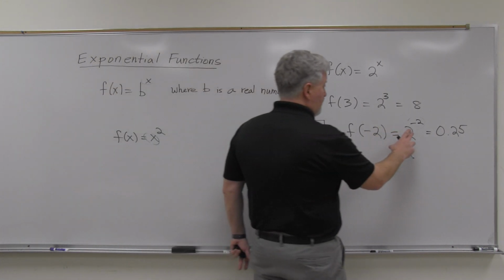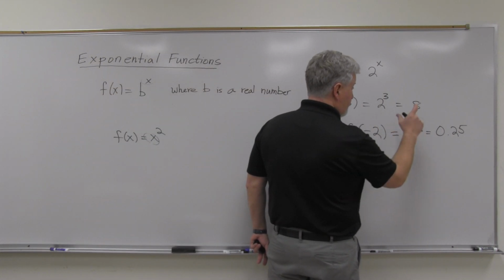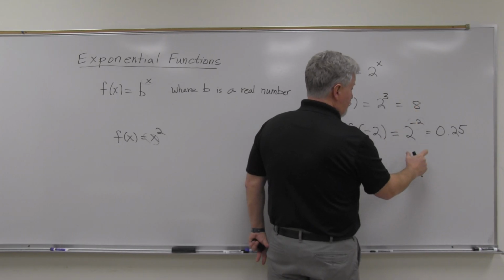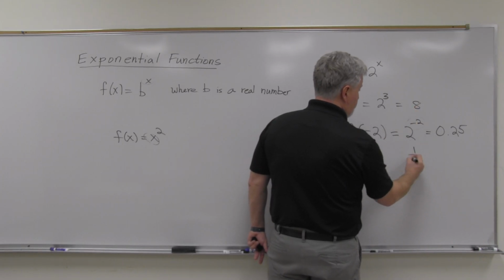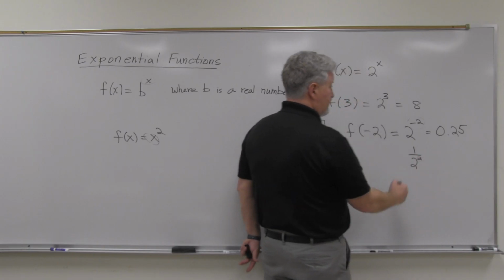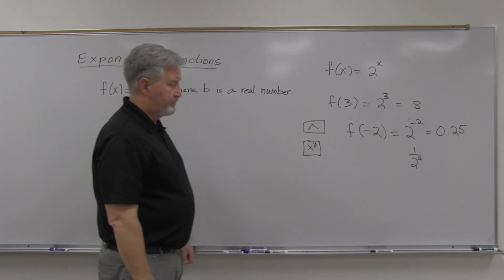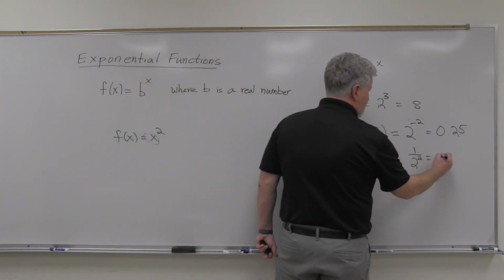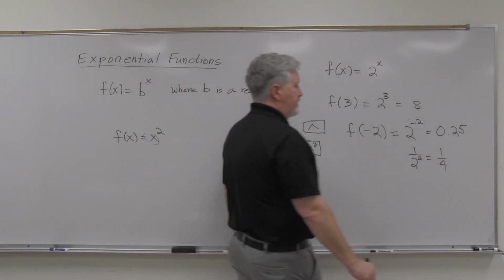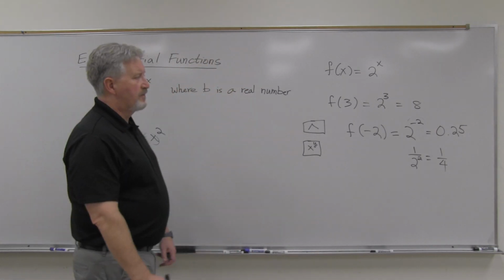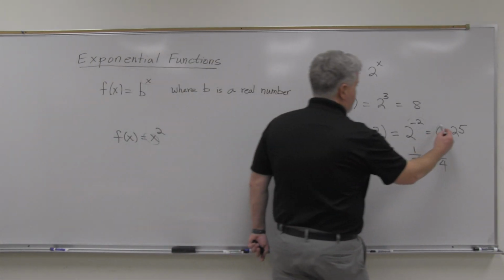So 2 to the -2, another way to think of that is that it flips it over and makes it 1 over 2 to the +2. The negative puts the power in the denominator, there is 2 squared, and so then of course you square the 2 out, you get 1/4, and those two are synonymous answers.